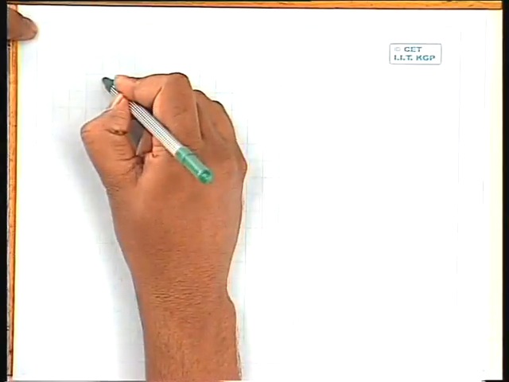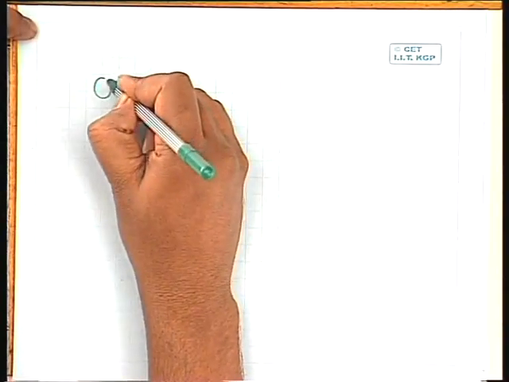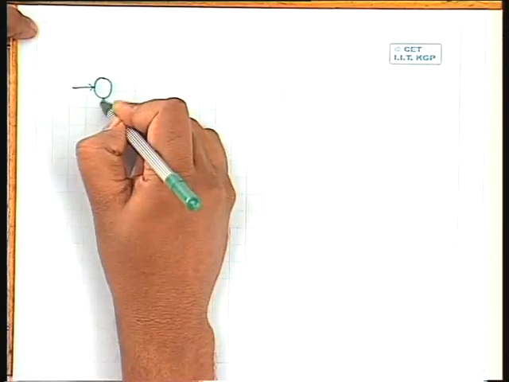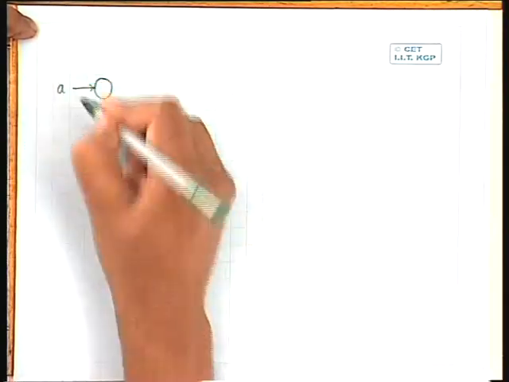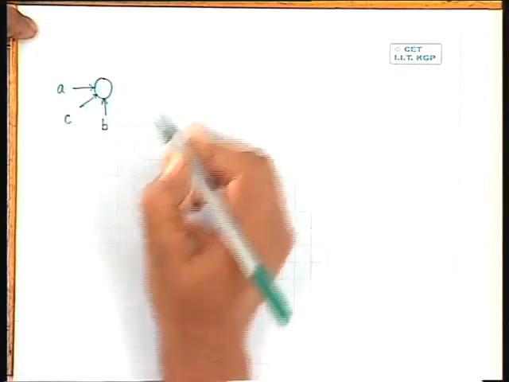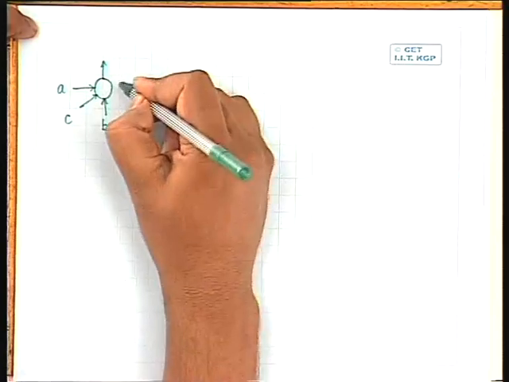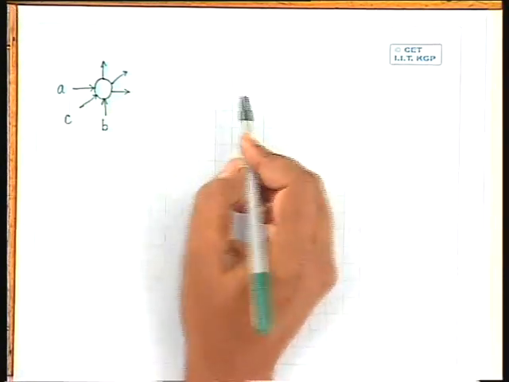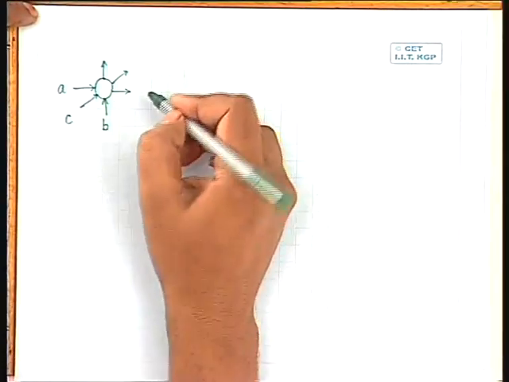less amount of time. So, for this pipeline architecture, I assume that every element in the pipeline architecture is having a function like this. It has got 3 inputs, A, B and C, and it provides 3 outputs. In the horizontal and vertical directions, whatever is the input, the same thing comes as output.